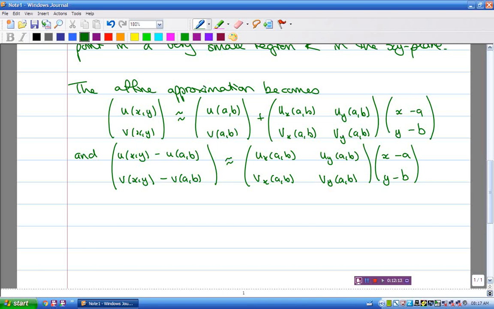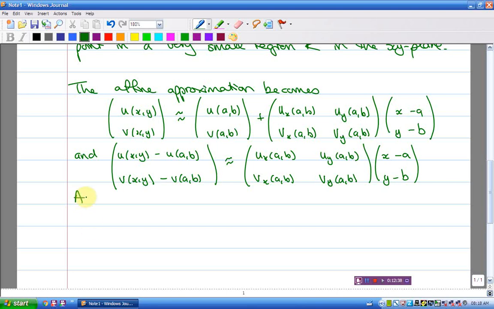We can see that as a linear transformation between the vector x minus a, y minus b, and the vector on the left, the u minus u and v minus v. As long as everything is very close together, we can approximate what is happening there as a linear transformation.